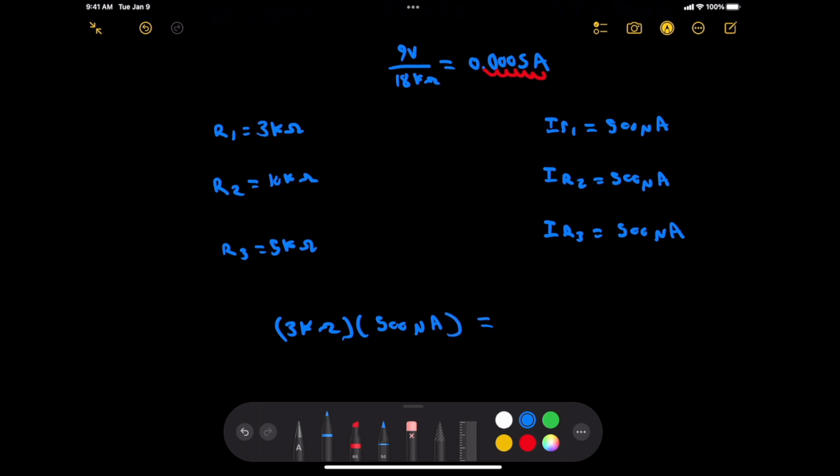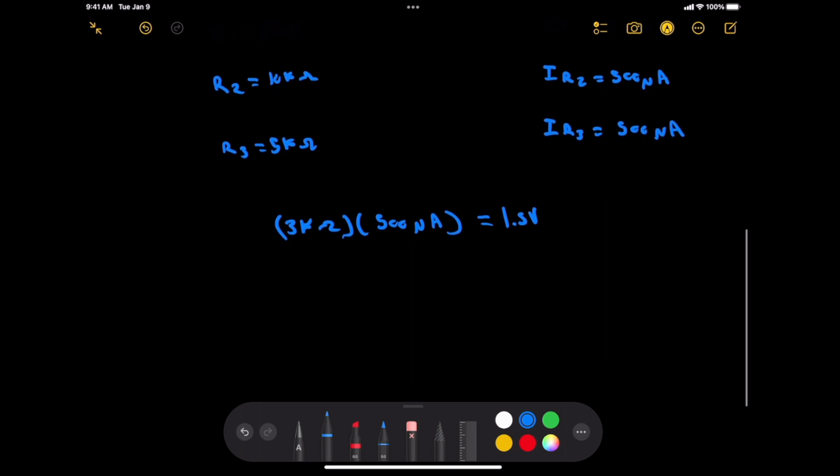So let's just do that. 3K times 500 microamps is going to be equal to 1.5 volts. And let's just do that for the rest of them. 10K ohms times 500 microamps.